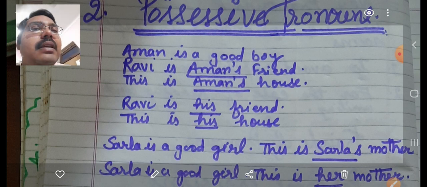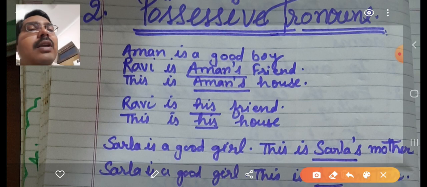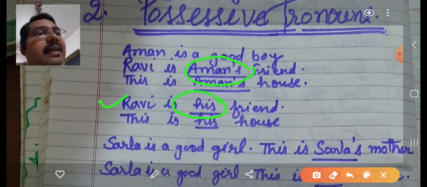So for Aman, if we need to use a possessive pronoun, we use his. Here, Ravi is Aman's friend, so we can also write, Ravi is his friend. Aman's is replaced with his.